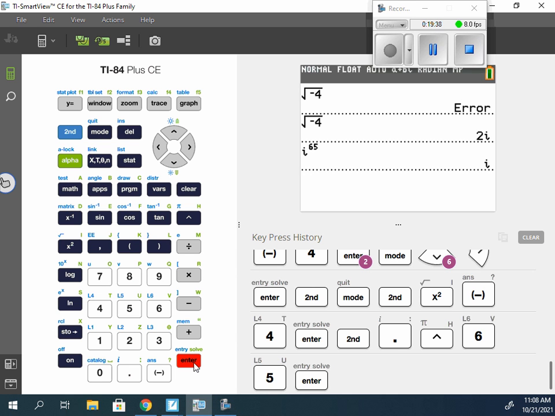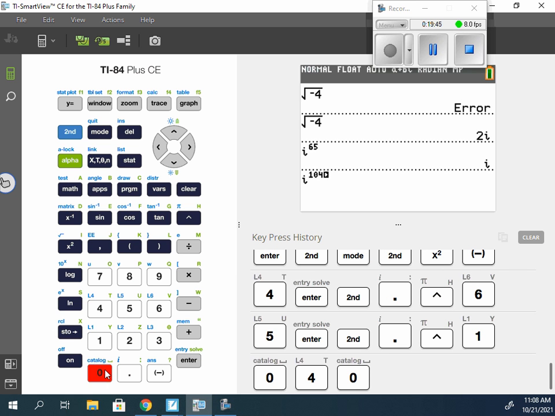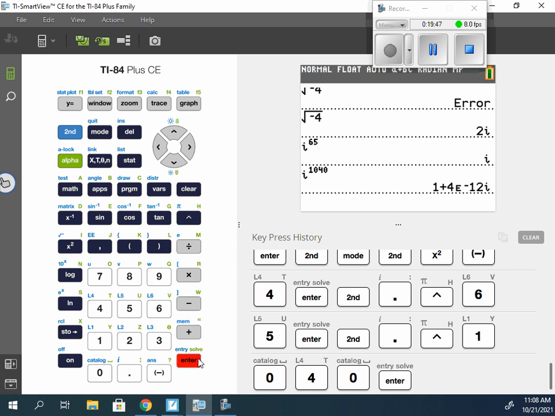Or, I know how to get it. Second i to the 1040, the last one. You got something that looks like this in one of the two ways, either in the front or in the back. Most likely the front number was 3e to the -12 in one of those two.